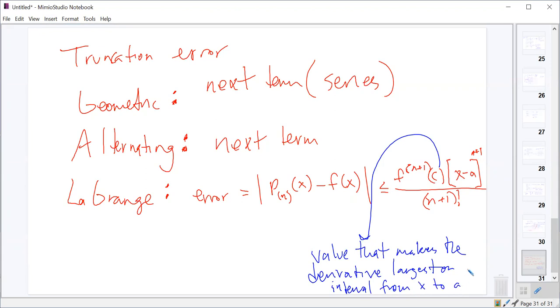That will be the upper bound on the error for the truncation of a Taylor series into a Taylor polynomial. Usually they will either give you some function where it's easy to figure out the largest possible value of that derivative, or they will tell you the largest possible value of that derivative on the interval they give you in the free response question. Any questions on any of the error bound stuff?